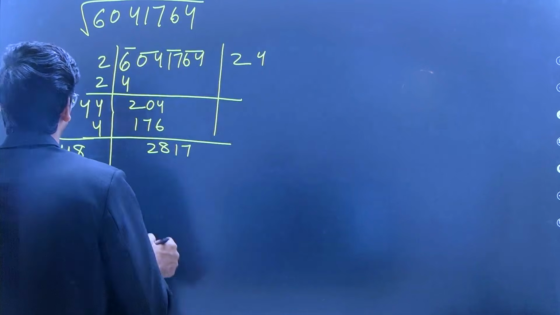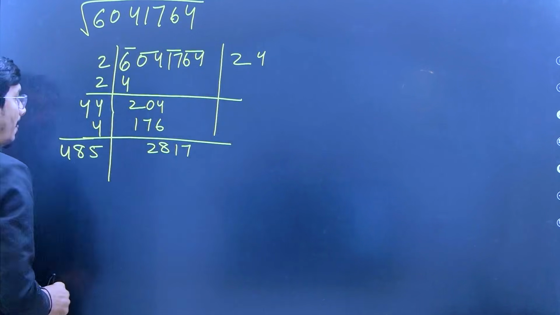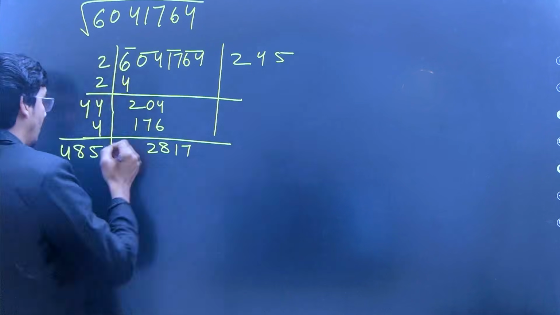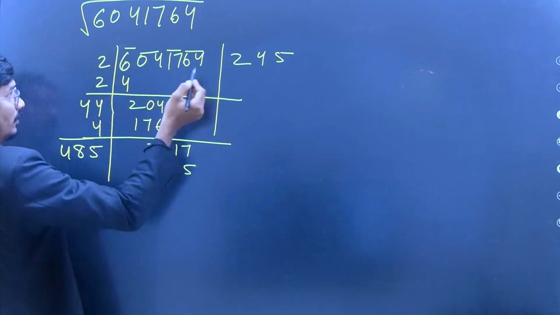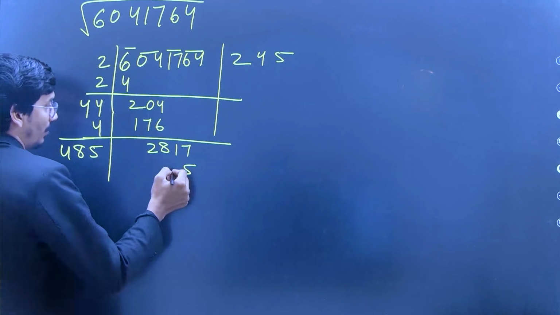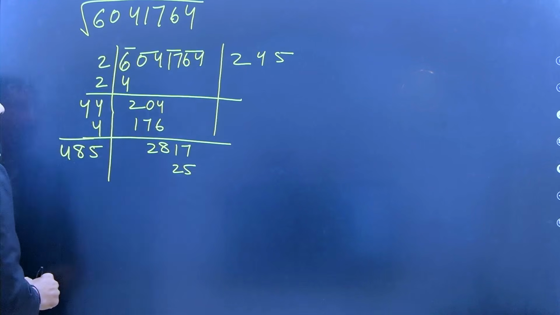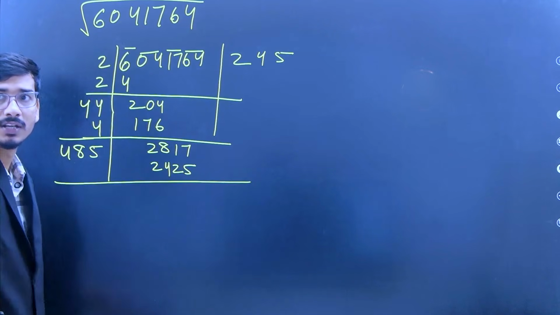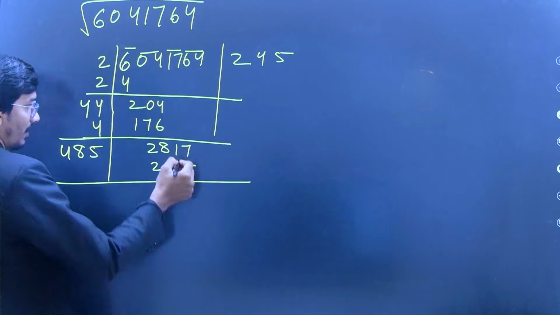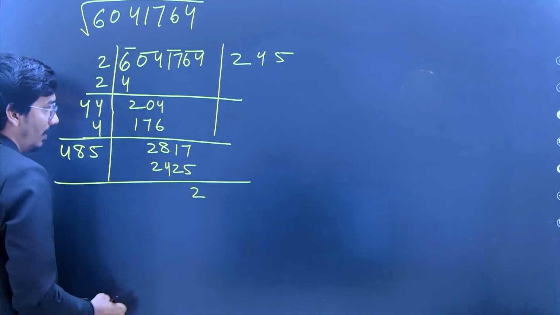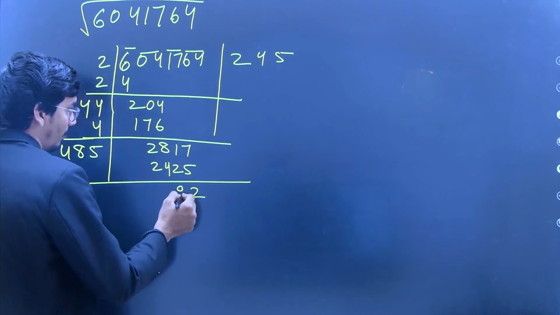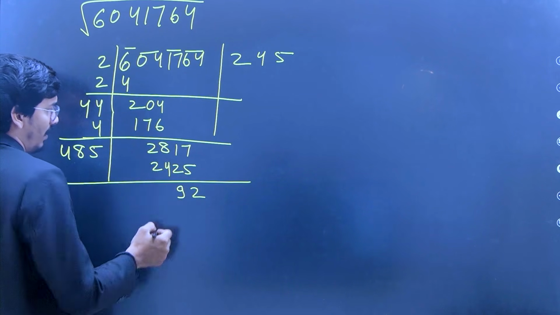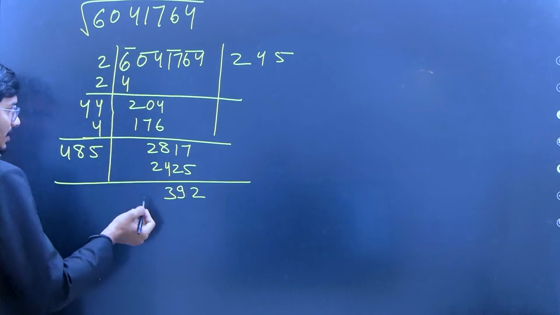Let's take 5. 5 times: 5 fives are 25, carry 2. 40 plus 2 is 42, carry 4, and 20 plus 4 is 24. Now subtract. We'll get 2, and 11 to 9 or 2 to 11, this is 7. So 7 minus 4 is 3. Okay, correct?